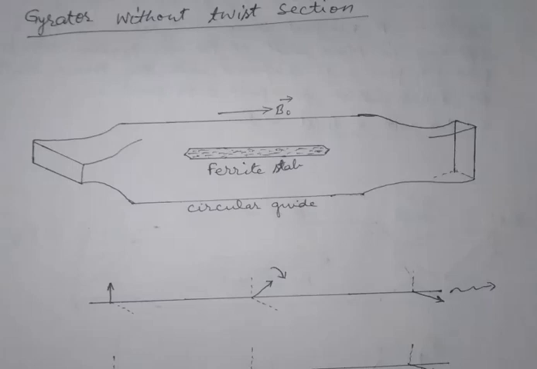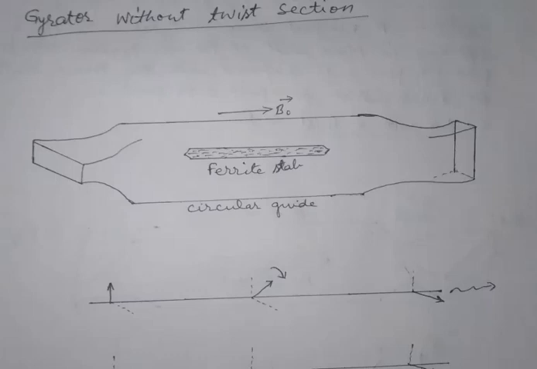If the inconvenience of having the input and output rectangular waveguides oriented at 90 degrees can be tolerated, then this design without a twist section can be constructed. In this design also, in the central circular waveguide there is a ferrite slab with both ends tapered to reduce the direct reflections of the EM wave, and a static field B0 is produced in a direction so as to produce a 90 degree Faraday rotation in the clockwise direction.